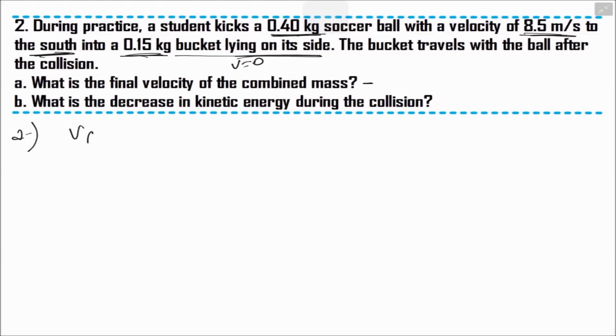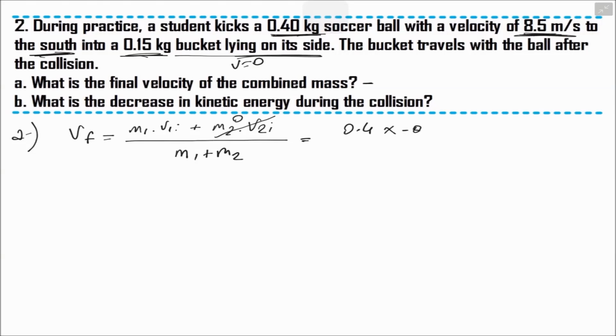So V final equals m1 times v1 initial plus m2 times v2 initial over m1 plus m2. The bucket is lying, so the initial velocity of the bucket is 0, so that term will be 0. And m1 is 0.4 times its velocity 8.5, but to the south, so it will be negative 8.5.